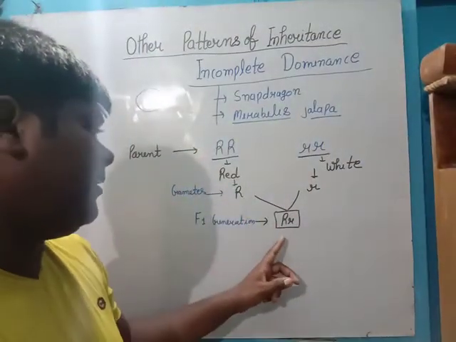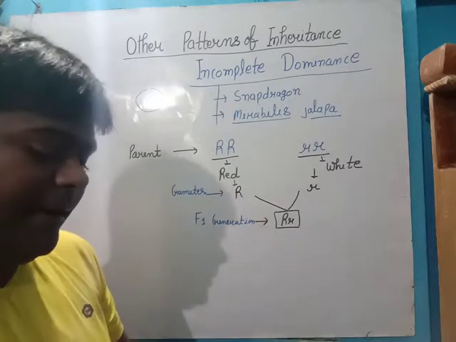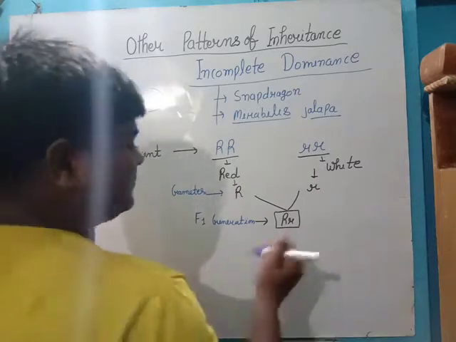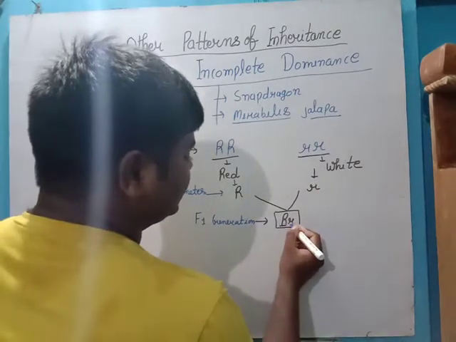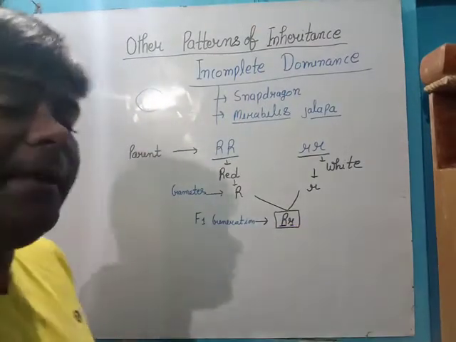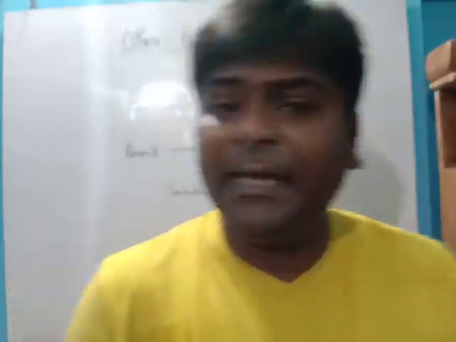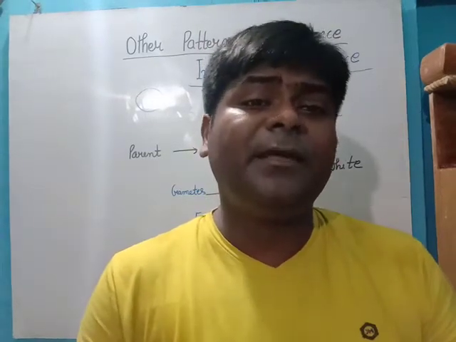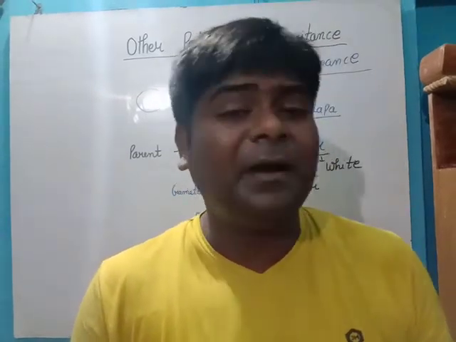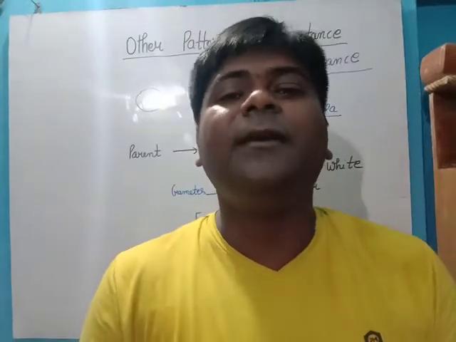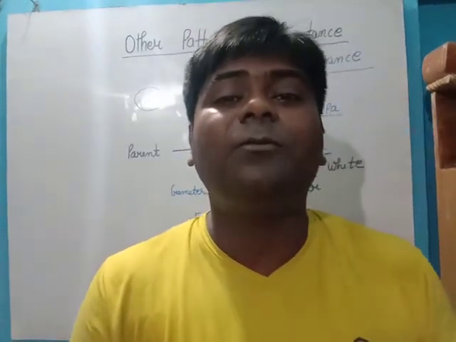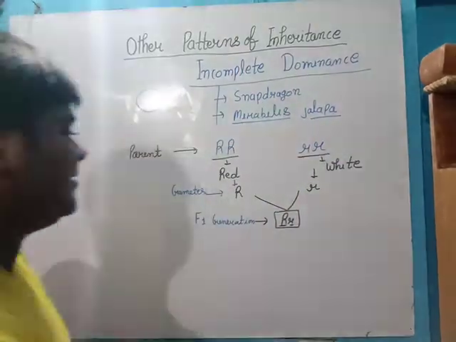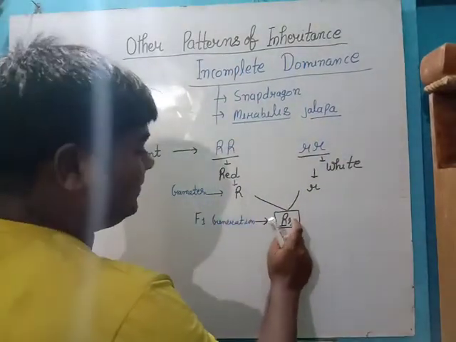In F1 generation, the dominant factor is there along with recessive. It means the law of dominance states that in the presence of the dominant factor we will have the appearance of the dominant characteristics, but it is not here. That's why we are talking about the exception. F1 generation will not have the red flower.